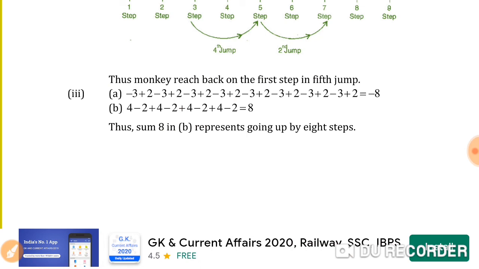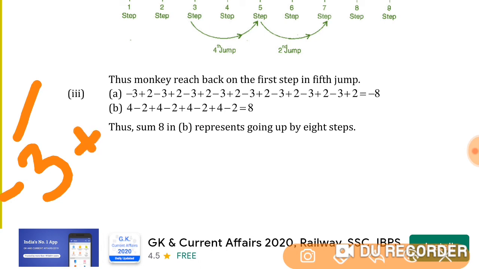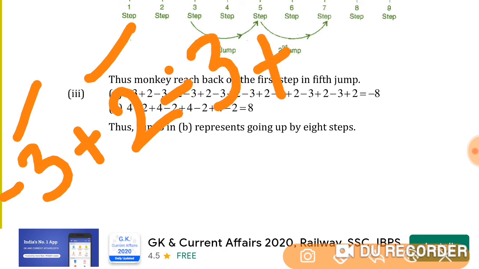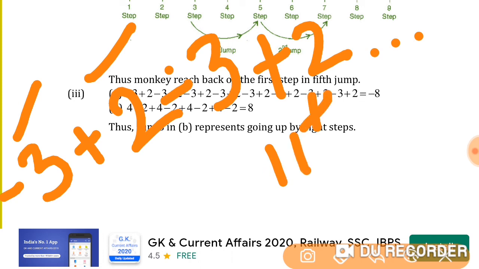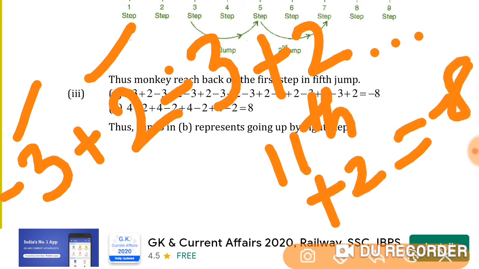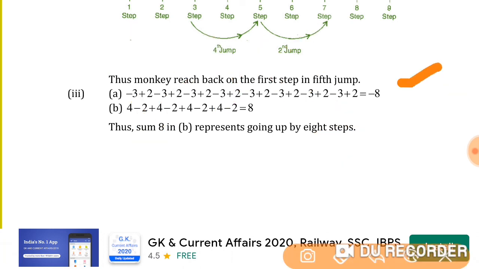So once again I'll explain. Minus 3 down, first jump. In the second jump, positive 2. Third jump, minus 3. Fourth jump, positive 2, and so on till the 11th jump we have to write positive 2 is equal to minus 8, the answer we will get here.